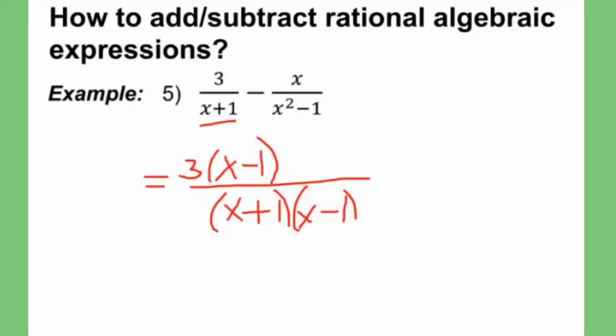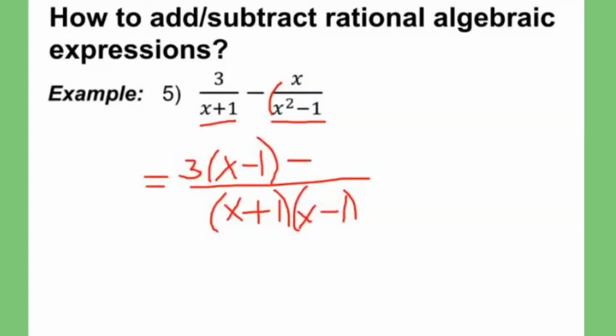And our LCD, x plus 1 times x minus 1 divided by x squared minus 1, that is equal to 1. Kasi, yung x squared minus 1 is also equal to x plus 1 times x minus 1. So, lahat ng factors ay makakancel out. So, we multiply the result to our numerator, 1 times x, of course, that is equal to x.